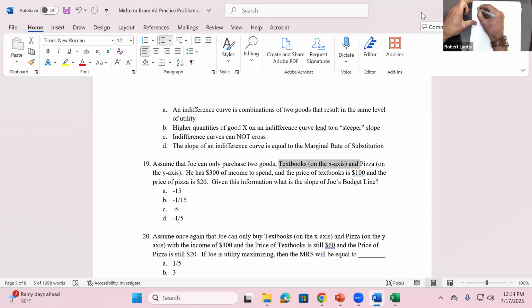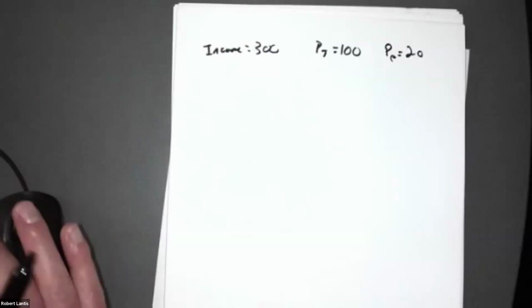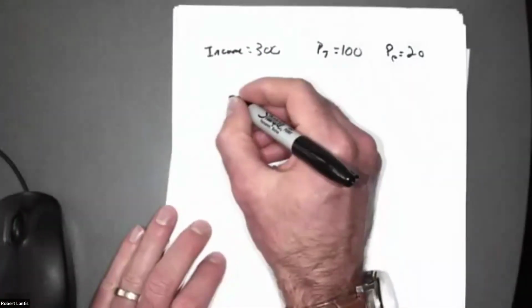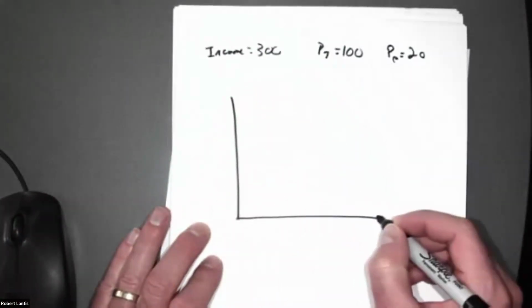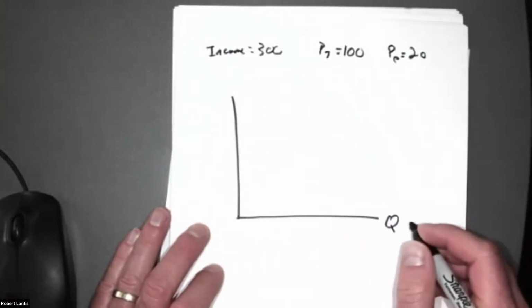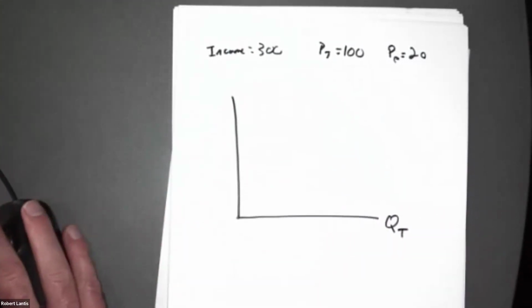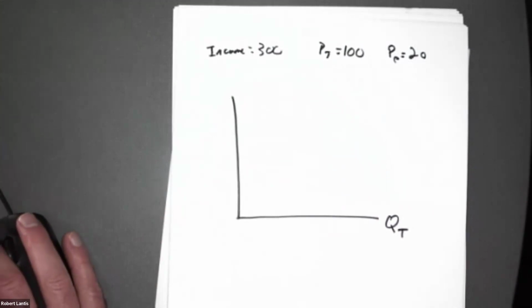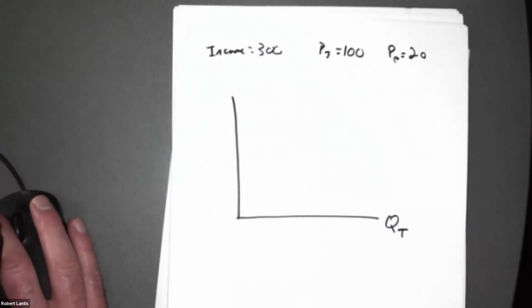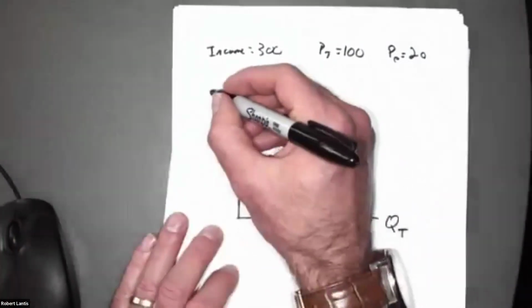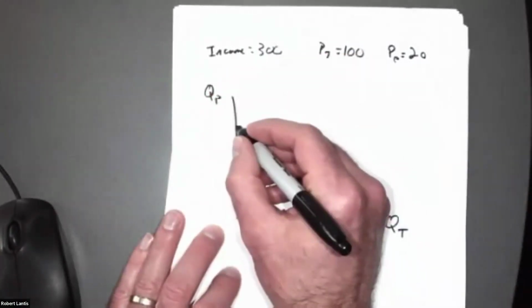So I've got income of 300, textbooks 100, pizza 20. Okay. So I don't really need to do any additional work here. I was told that textbooks were on my x-axis. Just double check this. Yes. And then pizza was on my y-axis.